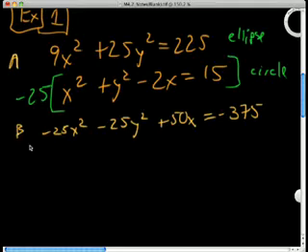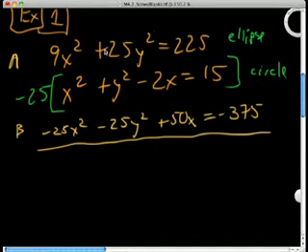So now between this equation and this equation, I can add them together, and I'm going to eliminate one of my variables, specifically the y. So I add them together using our regular elimination approach. 9 and negative 25, that's going to be negative 16x squared.